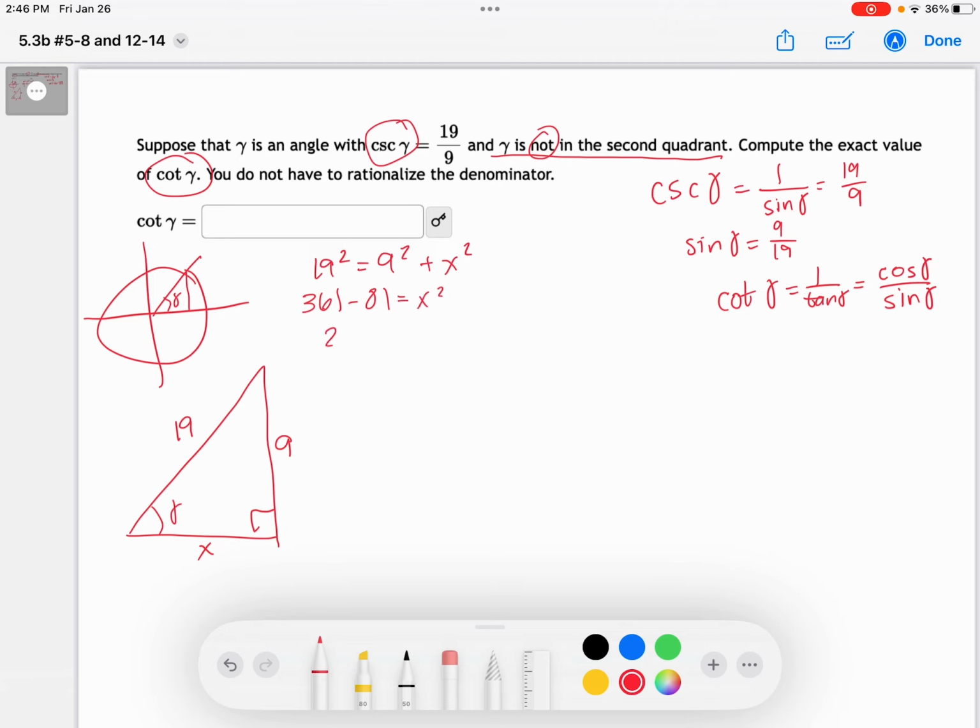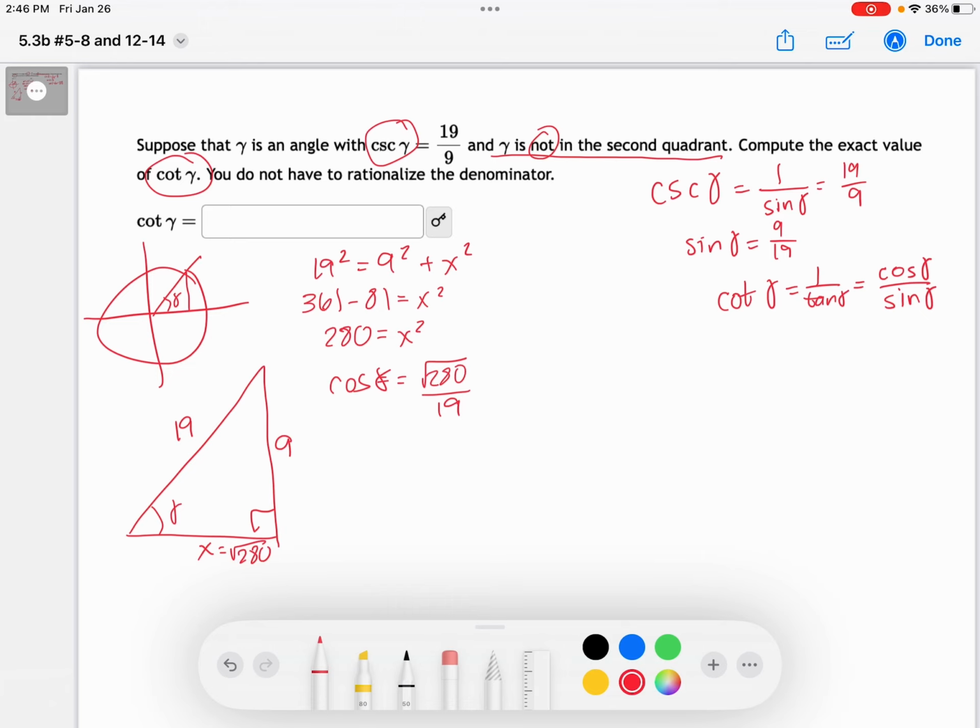That's going to give me 280. So this is the square root of 280. I'll just leave it like that. And so now, great, I know what cosine is. Cosine of gamma is adjacent over hypotenuse.